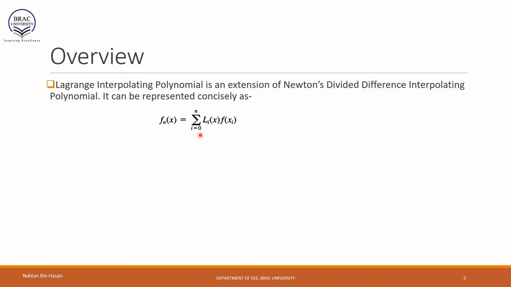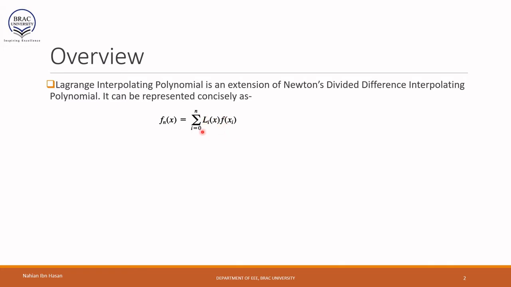Let's say I have 4 variables, then i is equal to 0 to 3. If I have 5 variables, then i is equal to 0 to 4. So this is the summation over all the data points. For all of the data points, we multiply the function value f of xi by the Lagrange polynomial of that order. That means these L terms, Li of x, denote the Lagrange polynomial terms.